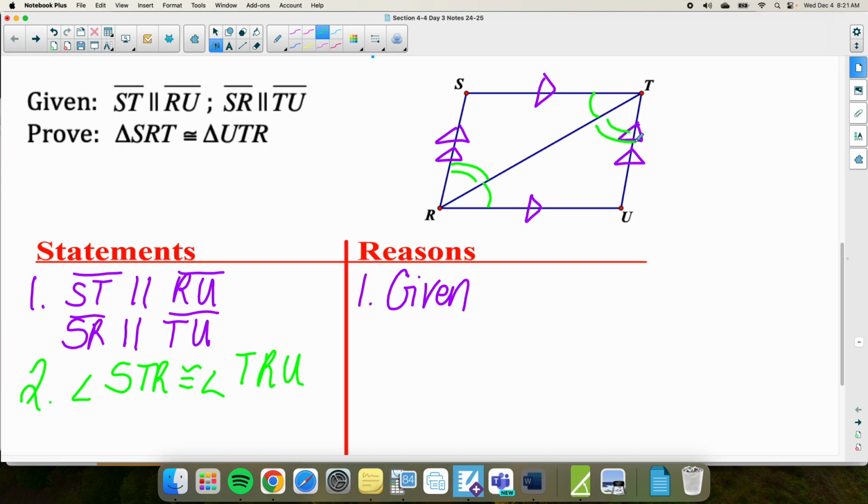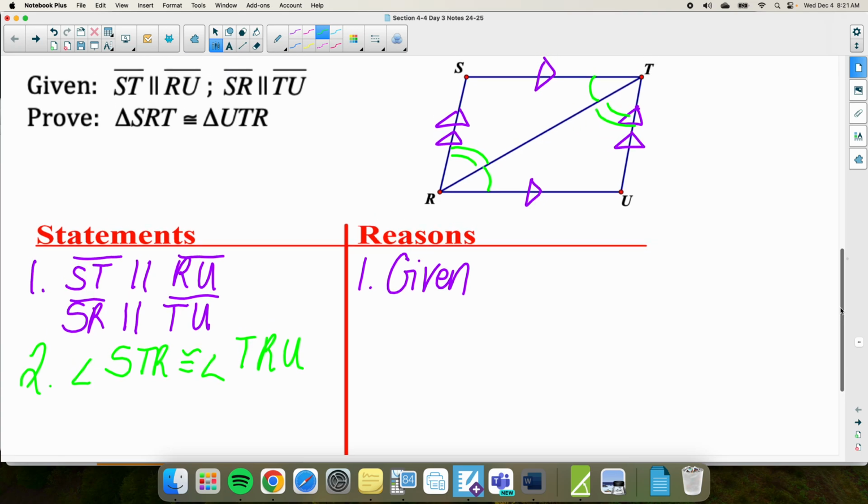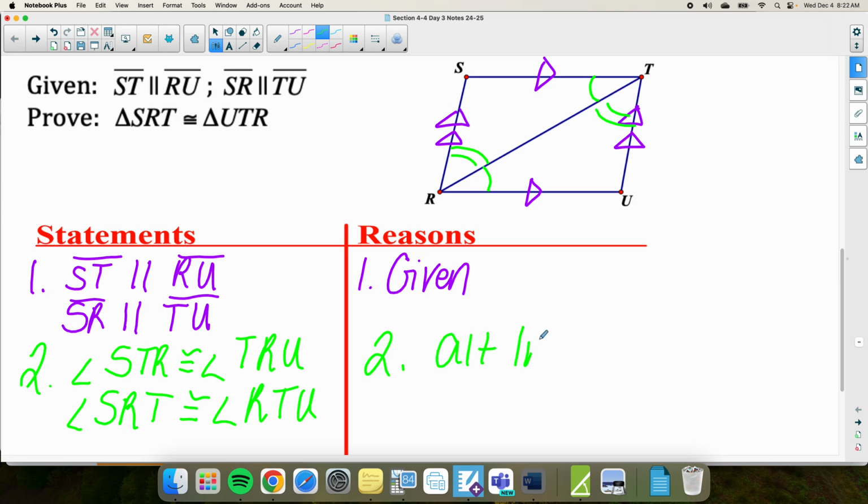For this angle right here, I could say SRT or TRS. I'm going to do angle SRT is congruent to, and then for this one, T has to be in the middle. So I could say angle RTU or UTR. So that's RTU. And I can do both of those under the same step. And that is alternate interior angle theorem.